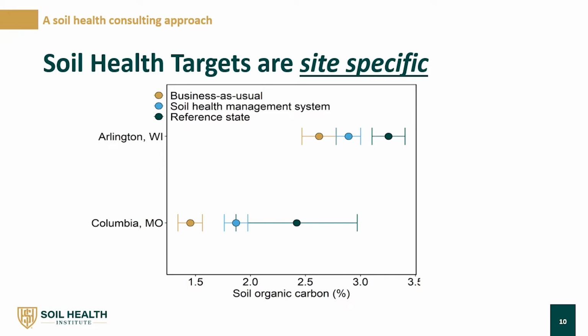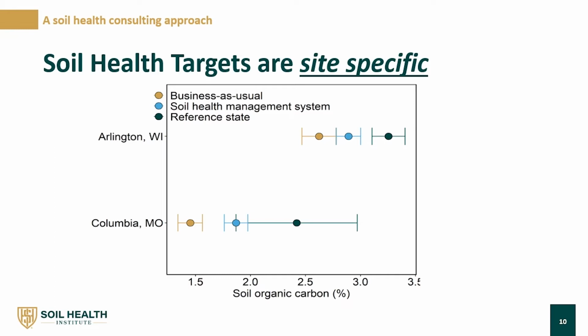So the important takeaway here is that when we move sites from Wisconsin to Missouri, the value of our targets change, which means that the goals for managing soil in Wisconsin need to be different from the goals in Missouri. And this concept scales even down to the field level.